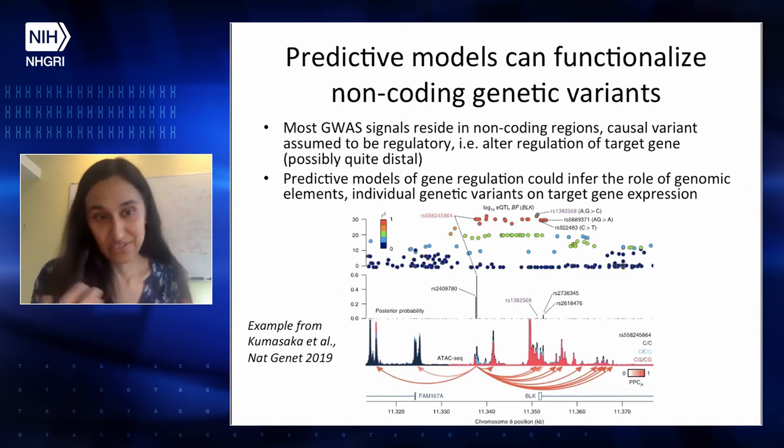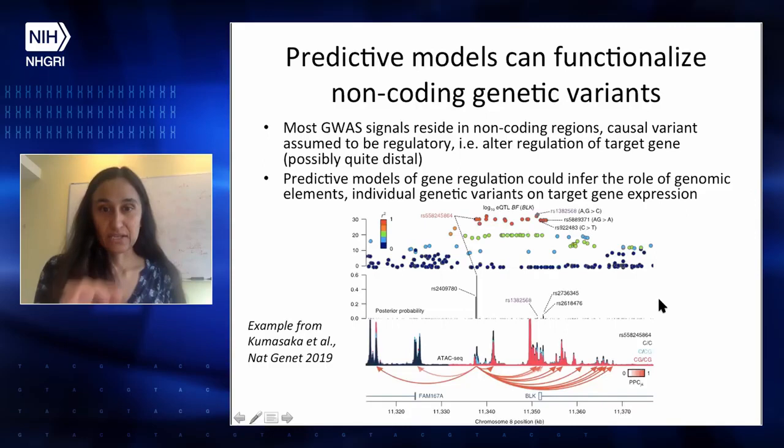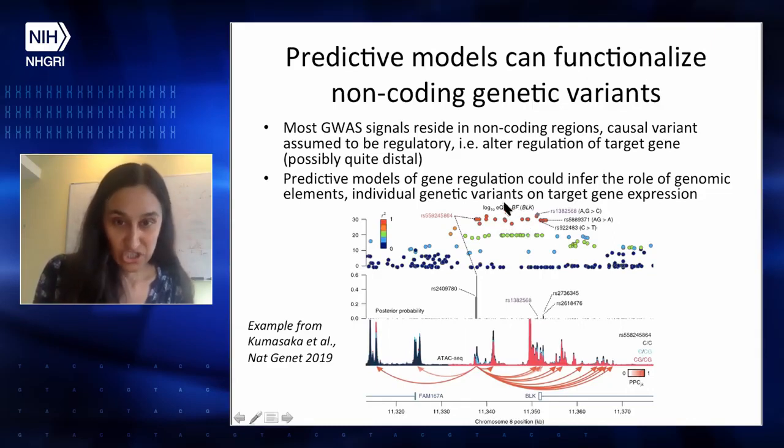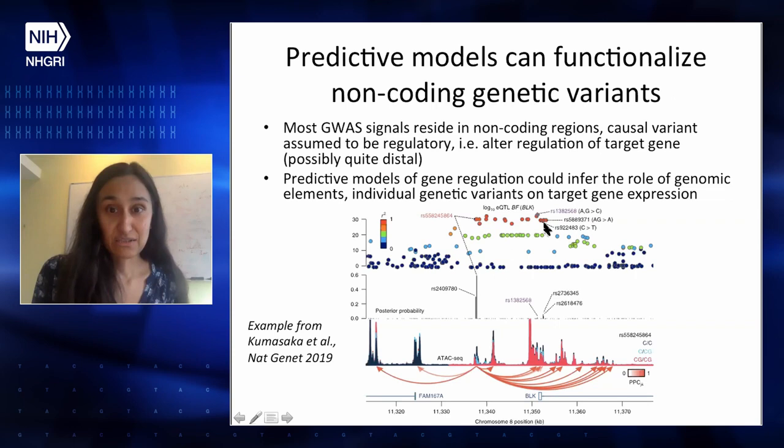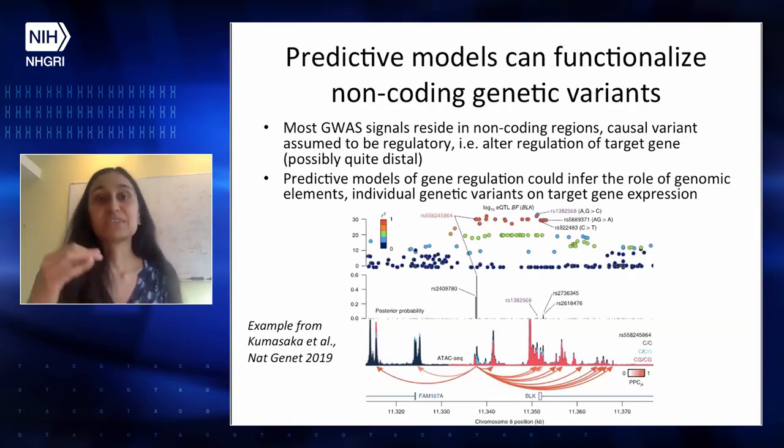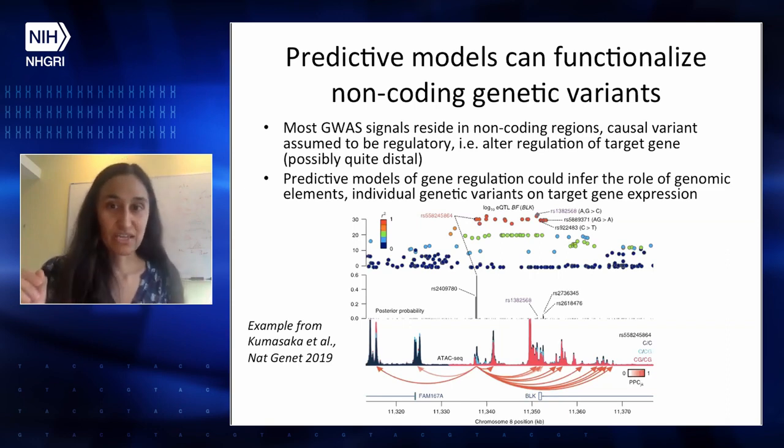Okay, and this is an example that's not from my lab, it's from a recent paper trying to understand the association between genetic variation and gene expression of a particular gene, BLK here, as well as doing association of genetic variation with chromatin accessibility and teasing apart how changes in the DNA sequence can change accessibility and chromatin state, and that can change gene regulation.